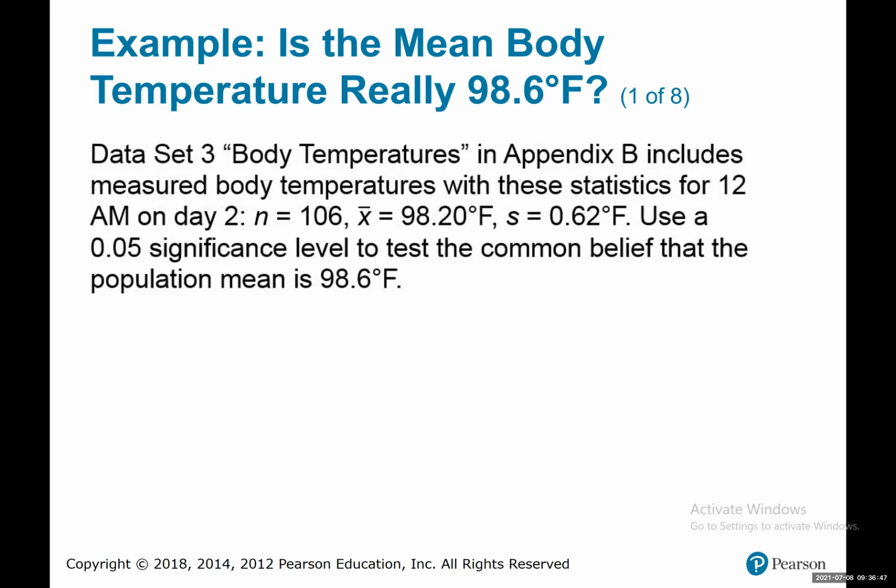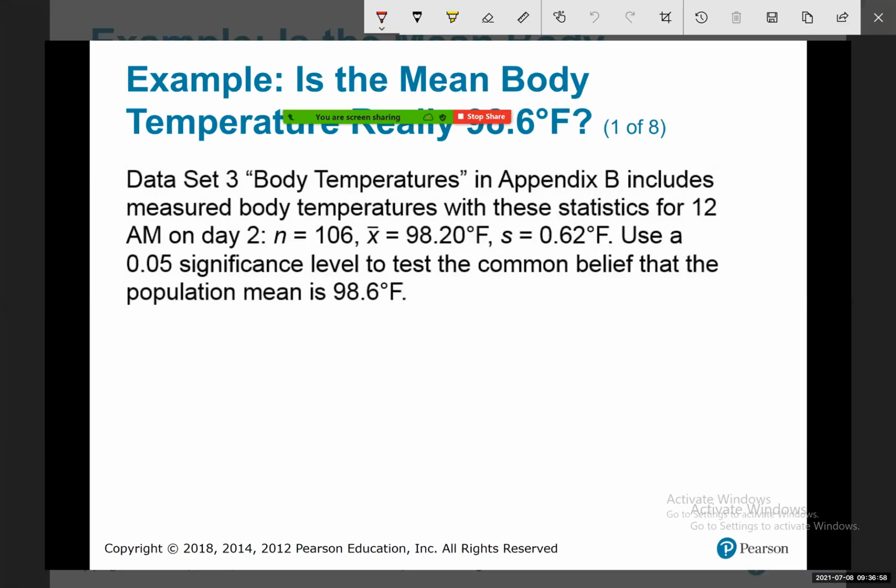So they gave you X bar, S, and N, and they want to test that the population mean is 98.6. So you have the null hypothesis and alternative hypothesis. Then you would say mu equal to 98.6, that's for the null. What is the alternative in this case? Is it less, more, or not equal to?